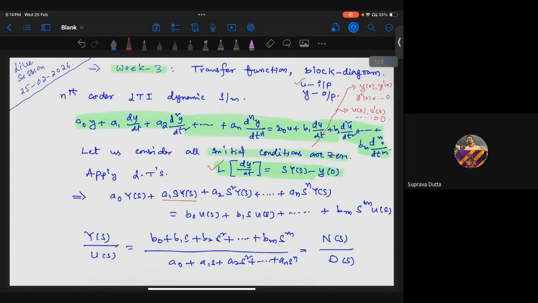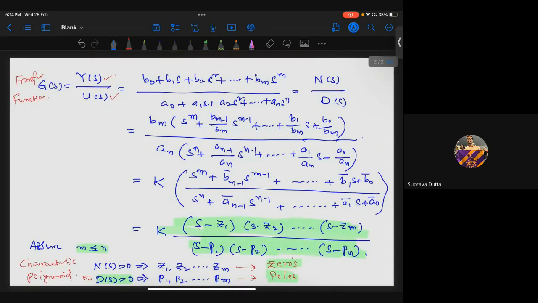We define the transfer function as the Laplace transform of the output divided by the Laplace transform of the input when all the initial conditions are 0. That is very important. Then we find the poles and zeros from the numerator and denominator. Any queries?